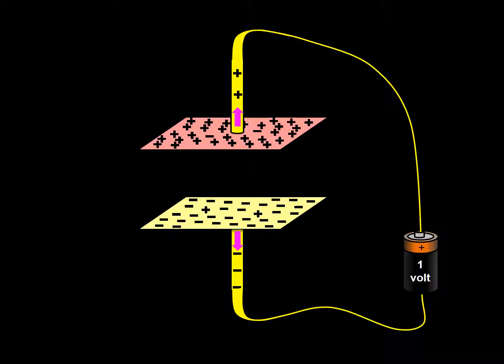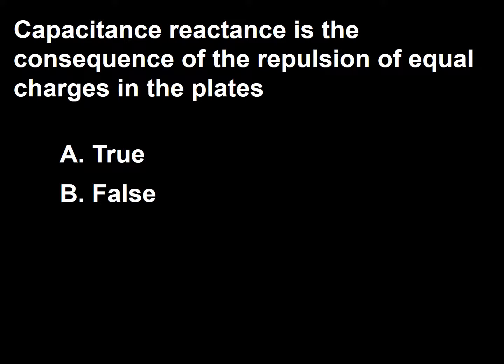When the accumulation of positive charges is enough to repel other positive charges, no further positive charges will enter. It is important to stress that the cessation of positive and negative charges flow will occur at the same time. This time will be when the voltage of the battery is matched by the voltage of the capacitor. So the answer to this question is true.